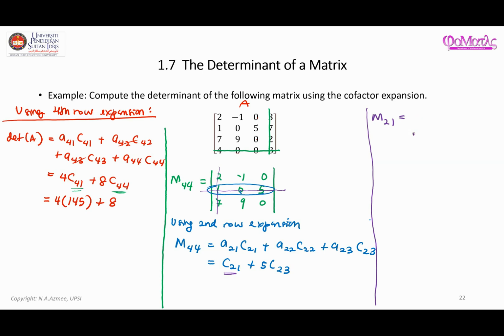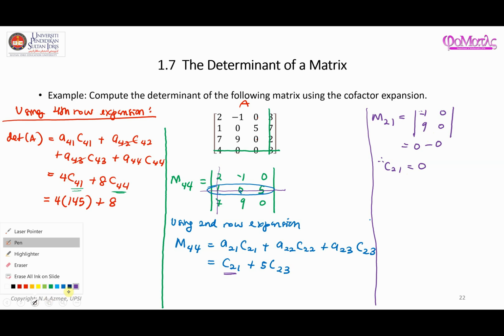So we have a matrix of negative 1, 0, 9, 0. So here if you find the determinant of it, it's going to be 0 minus 0. Therefore, automatically C21 is just going to be equal to 0. And well, we just plug in the result here. This is equal to 0 plus 5. Now our job is to find the value of C23.